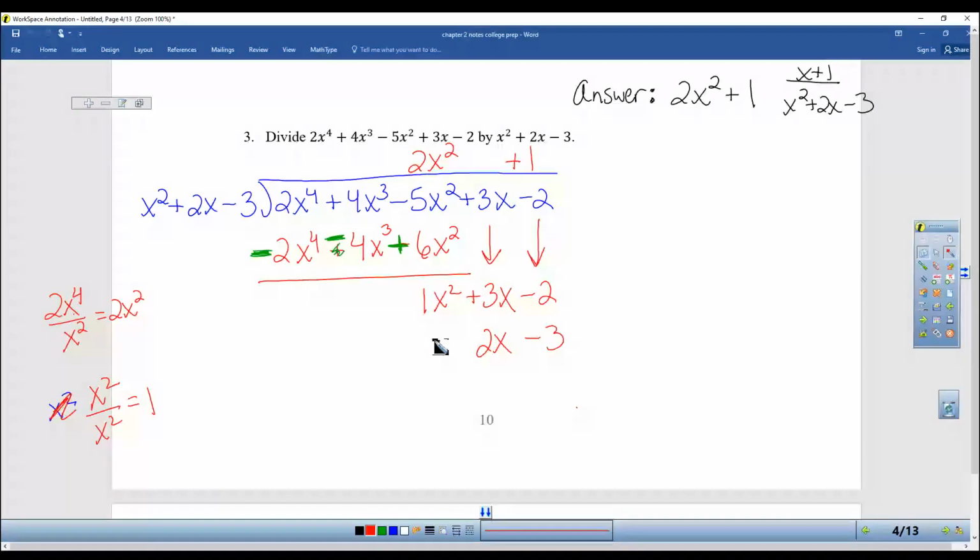And then 1 times x squared is x squared. I change the signs. This becomes minus. This is plus. It becomes minus. And this is minus. It becomes plus. That gives me 1x plus 1 for a final answer of 2x squared plus 1 with a remainder of x plus 1, which we write over x squared plus 2x minus 3.